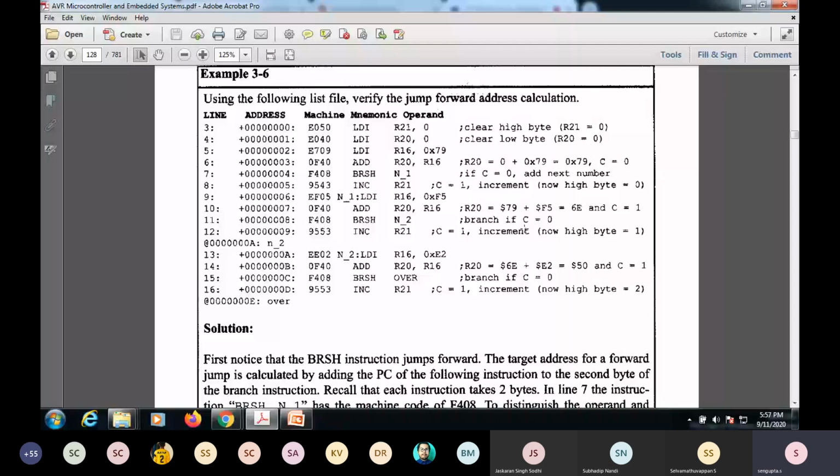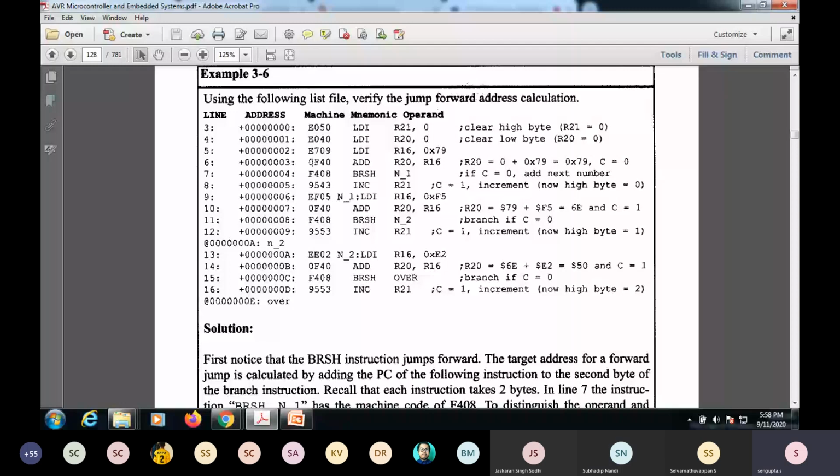Or else if you see ADD R20 R16, here also you have ADD R20 R16. So in this case you have both the same code, 0F40, here also 0F40.